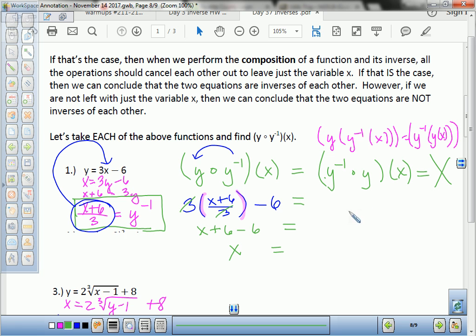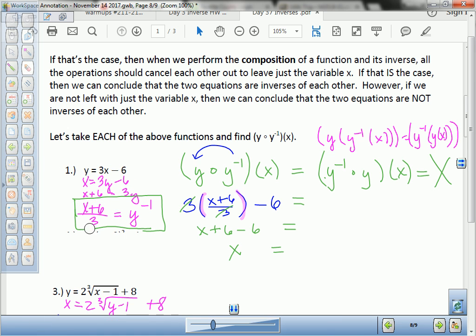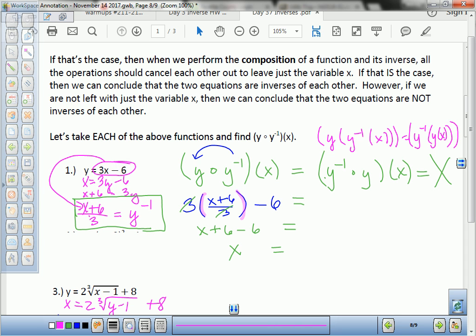Now, when I do it the other way, guess what I'm going to get? x. Let's prove it. All right, switch to pink, just for fun. Now we're going the other way. So this time, 3x minus 6 gets plugged in here where x was, plus 6 over 3.